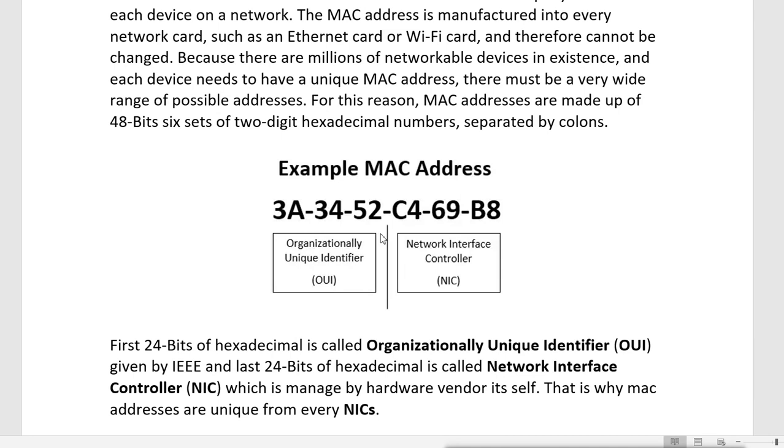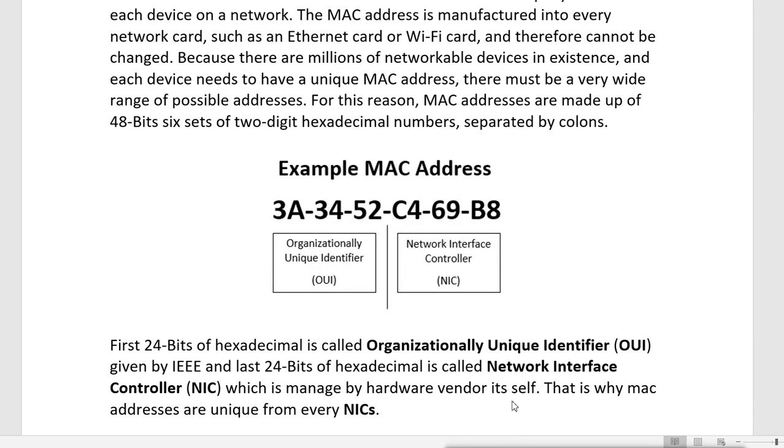If you look at any other company, you will see the first 24 bits are different, and by looking at this first part, we can identify which company made this MAC address. So the first 24 bits are given by the IEEE, and are different from vendor to vendor, and from the first 24 bits alone we can get the name of the vendor, the manufacturer.